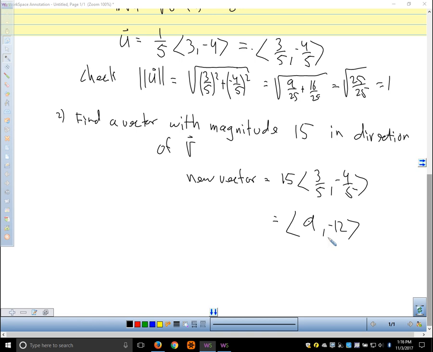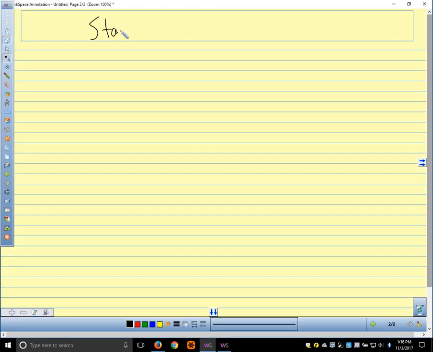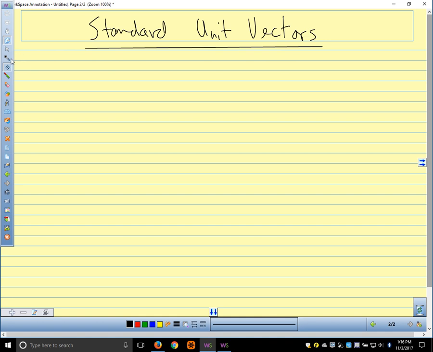All right. So now that we know a little bit about unit vectors, we often use, more in science than in math, standard unit vectors. So our standard unit vectors in 2 dimensions are i hat, which is the vector 1, comma 0, and j hat, which is the vector 0, comma 1.